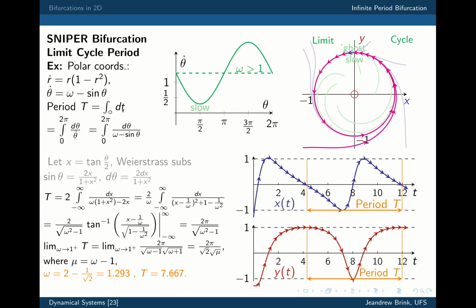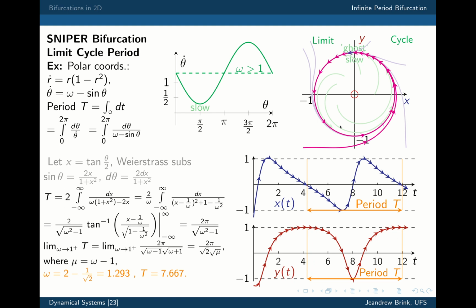In other words, we replace dt by d theta divided by d theta dt. And so we get an integral we can compute, and through a clever substitution, we get the answer, namely that the period is 2 pi over the square root of omega squared minus 1. And this result is true for this specific case.